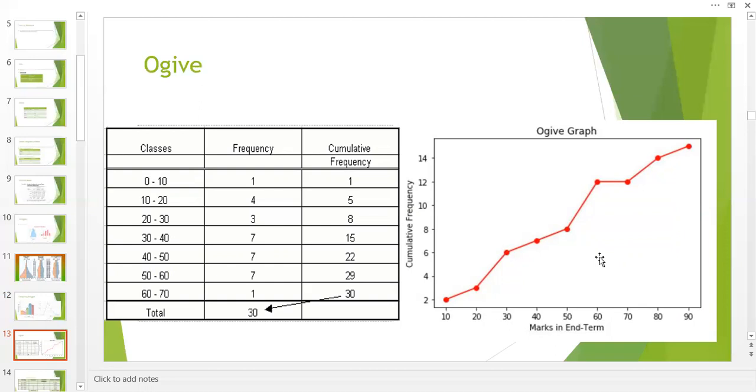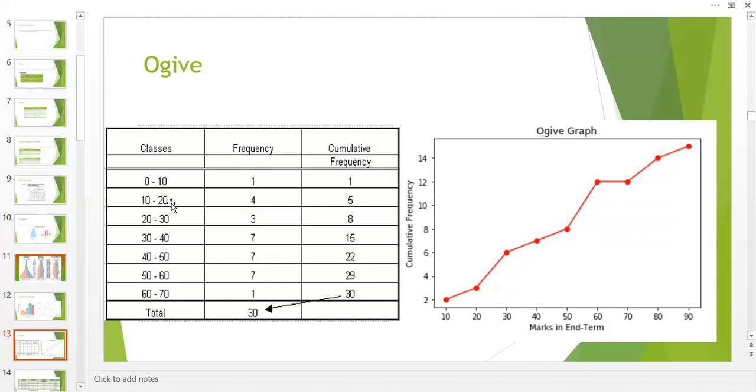Now, what is cumulative frequency? It is the frequency in which the frequencies of the classes above are added. So looking here, in class 0 to 10 we have 1, so cumulative frequency is 1, because there is no class above it.